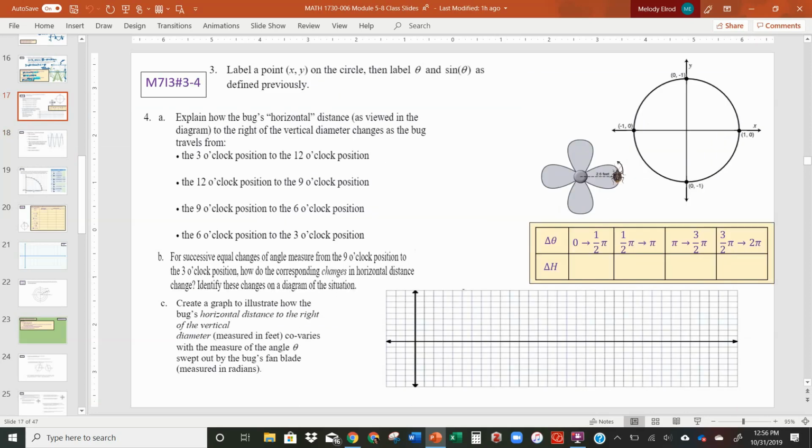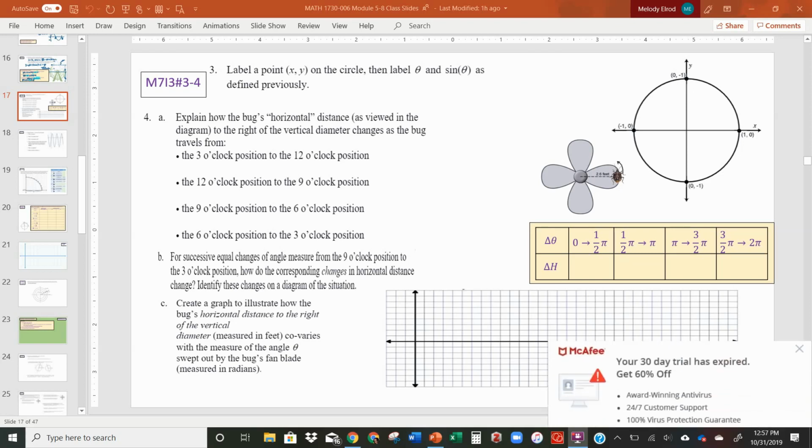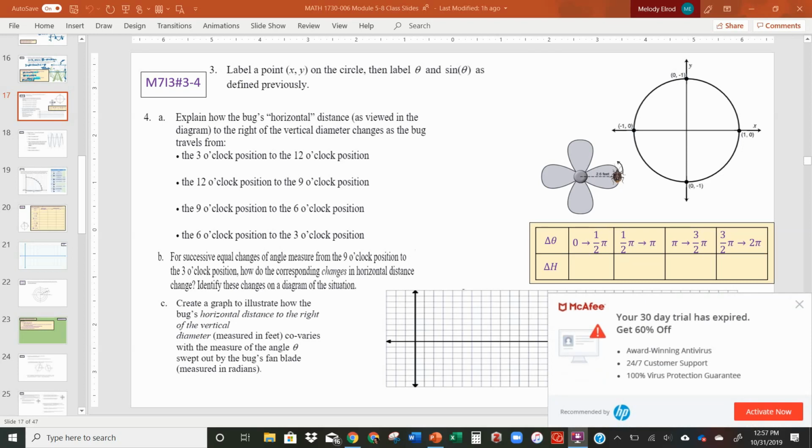So I'd like for you, if you haven't already, to pause and take a moment to look at problems 3 and 4 on Module 7, Investigation 3, and see what you can do with them. The first problem asks you to consider a point XY on the circle.